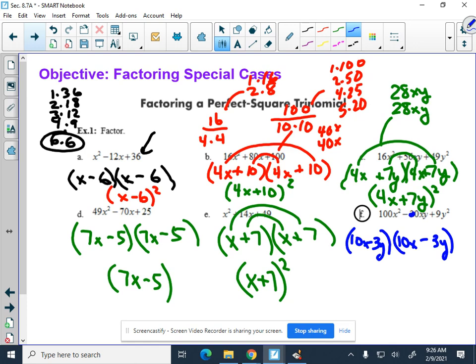This should be 60. Change that to a 60. Because when we multiply these, this has to be negative -30, -30. It's got to be -60.